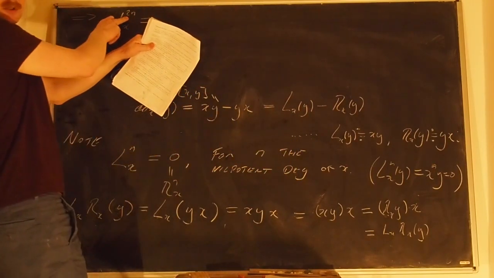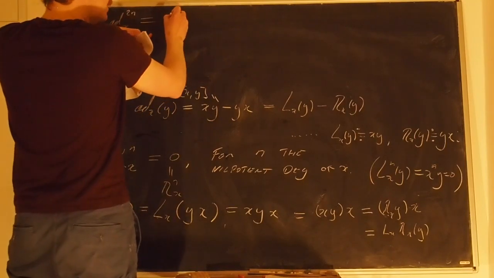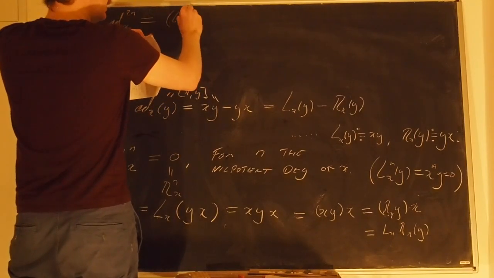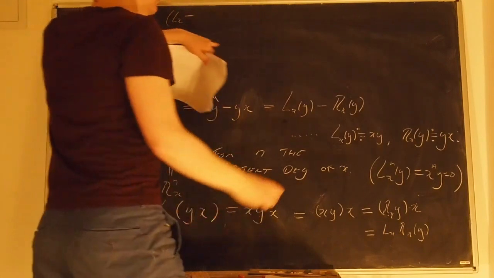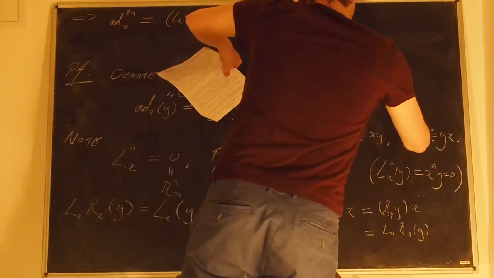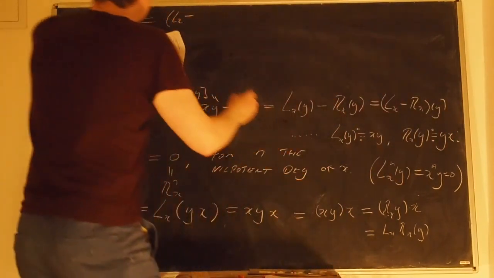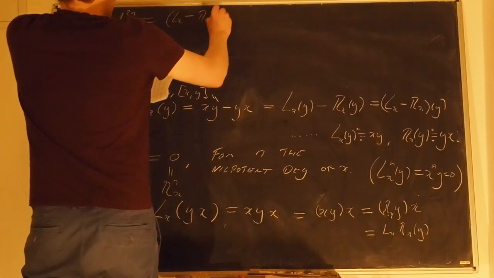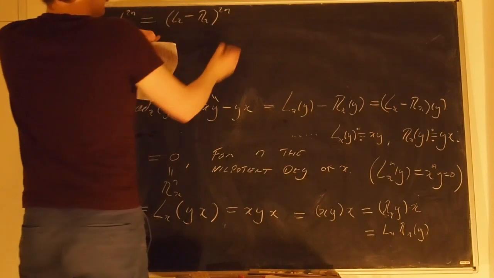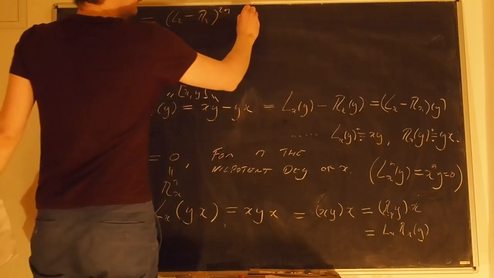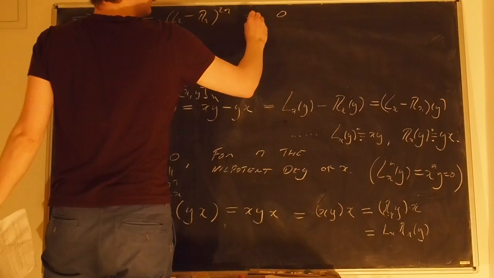So if we're applying the adjoint 2n times, this is L of x minus R of x to the 2n, then we see that this is actually 0.